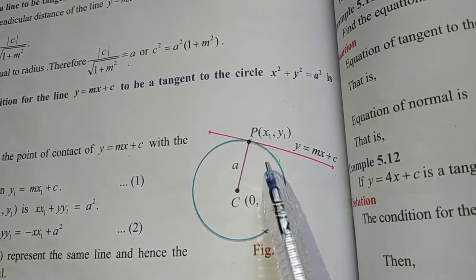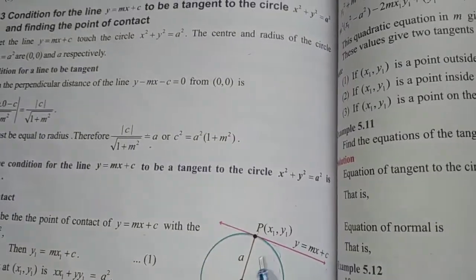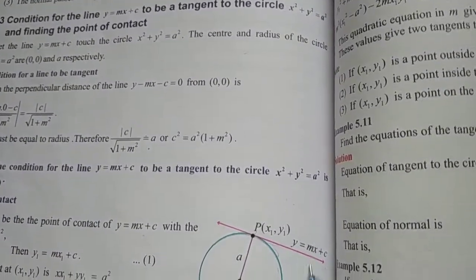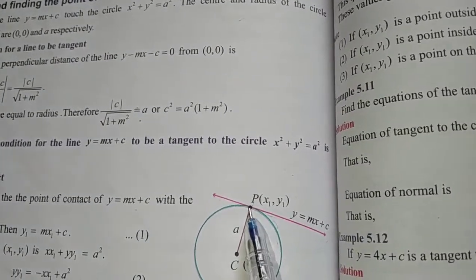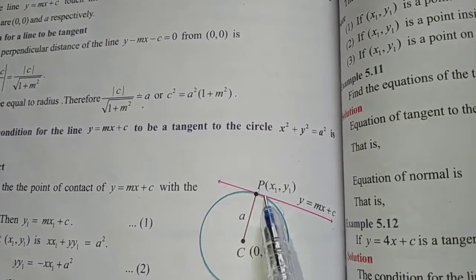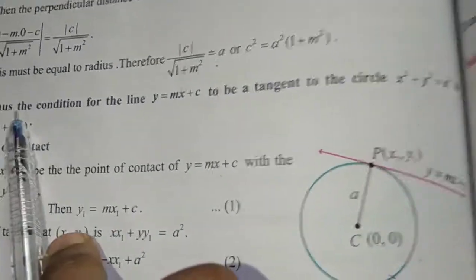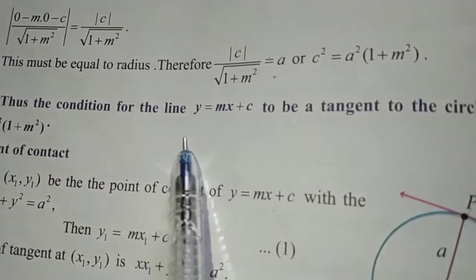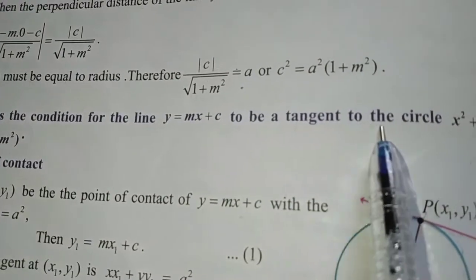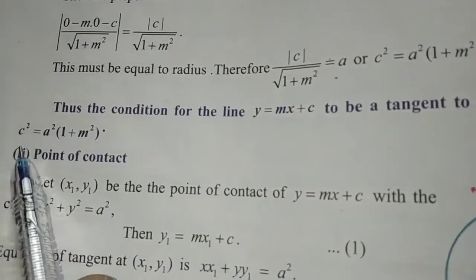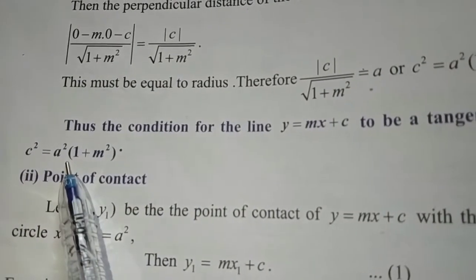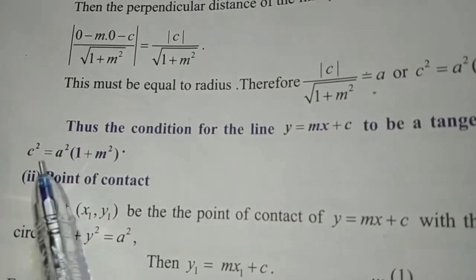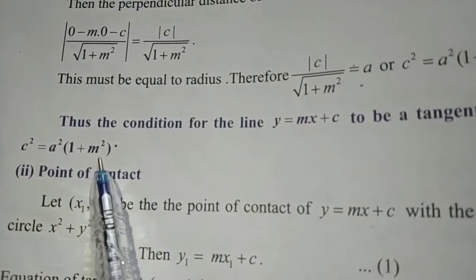We want to find the condition for the line to be a tangent to the circle and also find the point of contact. The condition for the line y equal to mx plus c to be a tangent to the circle is c squared equal to a squared into 1 plus m squared.